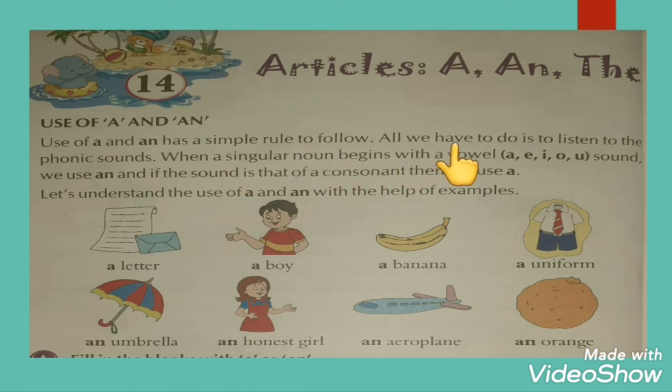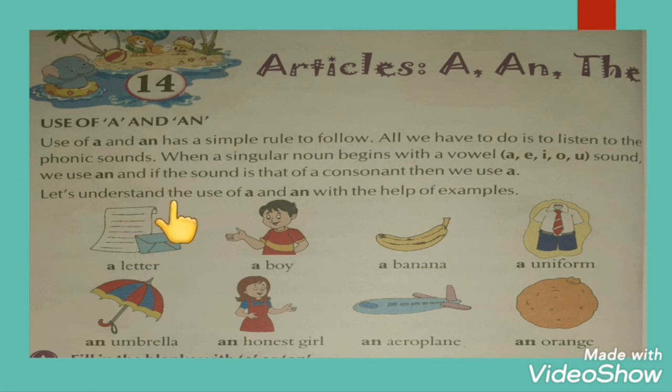All we have to do is to listen to the phonic sounds. When a singular noun begins with a vowel sound a, e, i, o, u, we use an, and if the sound is that of a consonant, then we use a.